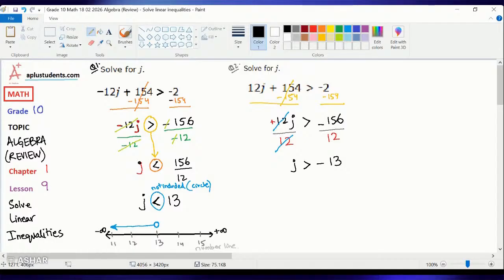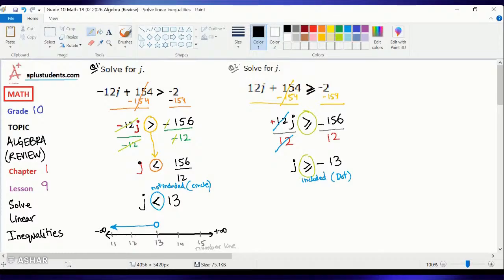Agreed? Okay, rather than a greater than sign, let's put a greater than or equal to. We did not flip the sign. This sign stays the same because the variable was positive. Now, if we have an equal sign, it means the value is included, and we will draw a dot. A dot means a shaded circle.